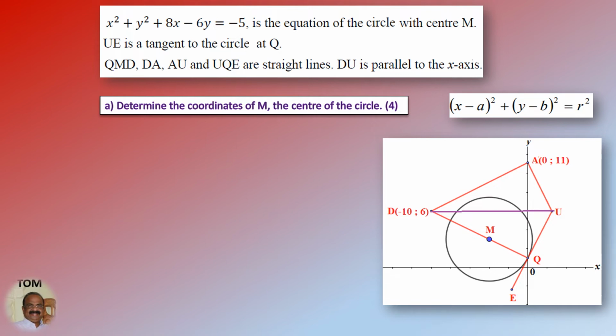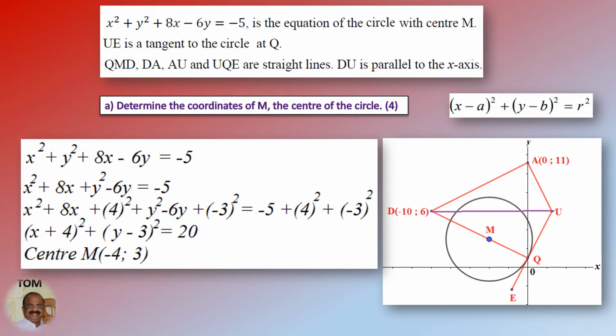Now listen to the method of completing the square. We need to complete the squares. Now when we look at the equation, x square plus 8x is not a perfect square, but if you add the square of 4, that is 4 square.